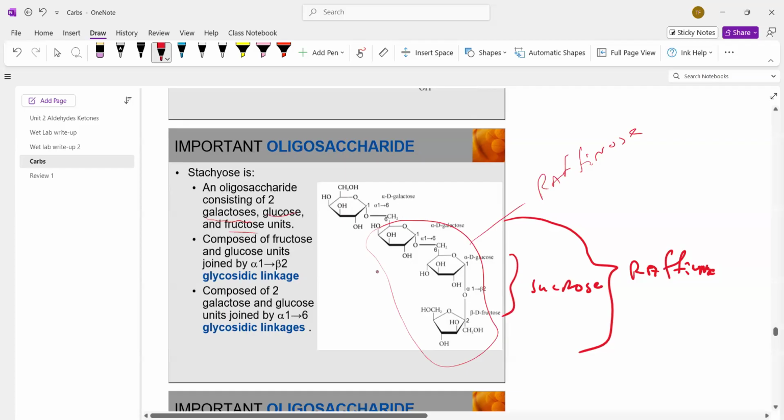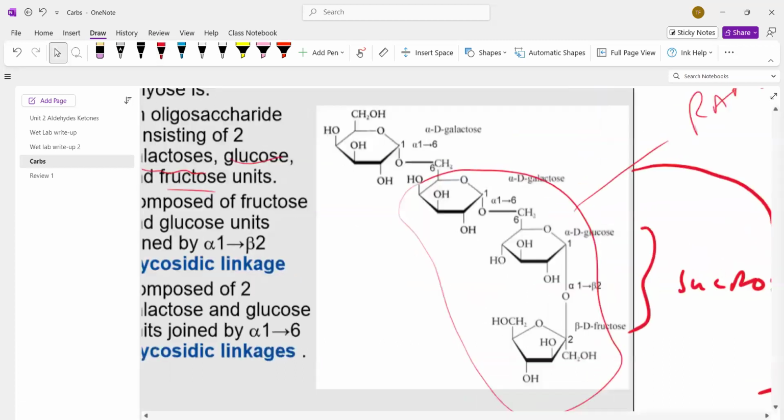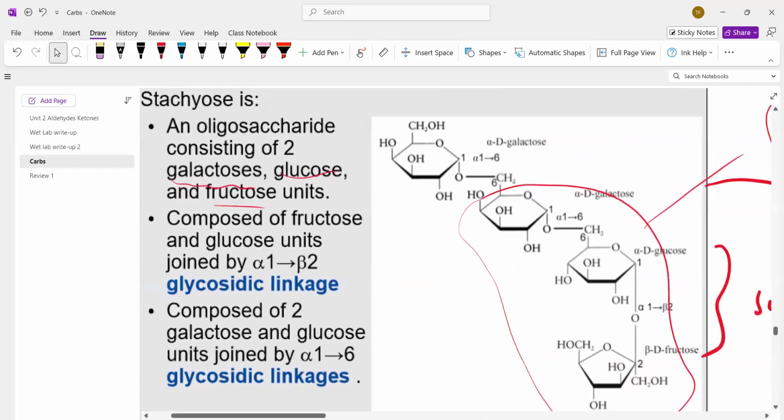And it also hooks up to carbon number 6 on the galactose from raffinose, just like when the galactose hooked up to the glucose with raffinose. So this is going to be just like this one down here, an alpha 1,6, alpha 1,6. This is going to be an alpha 1 beta 2. Now, no hemiacetals. Hence, it's not a reducing sugar.